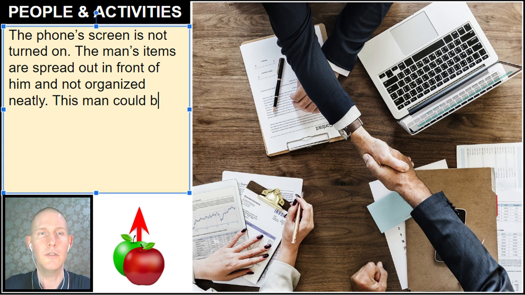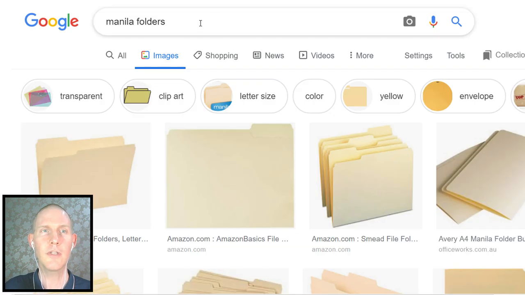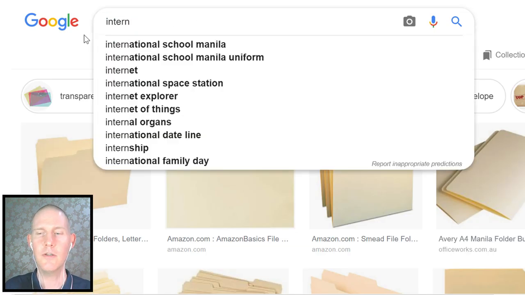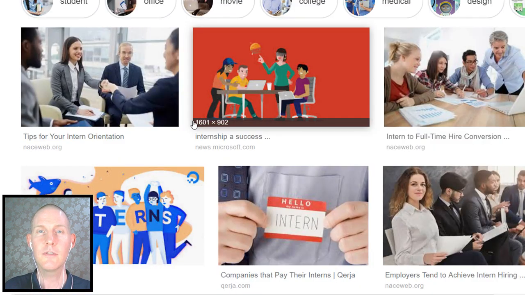This man could be an attorney, an accountant, an intern, or a partner. All right. So what is an intern? Well, an intern is a person who comes to work, but they might not be getting paid, or maybe they're getting paid a very low salary. And basically they're there to get experience, right?